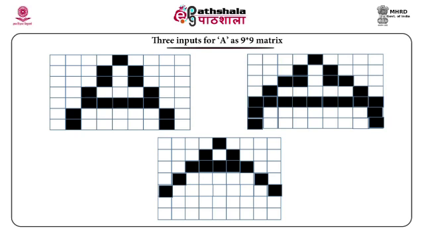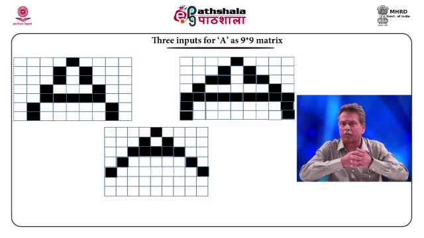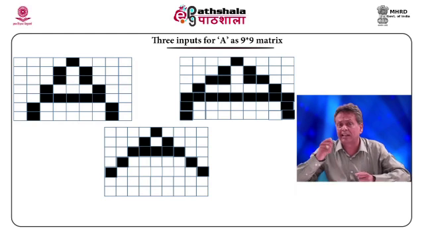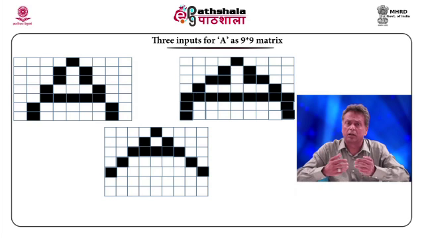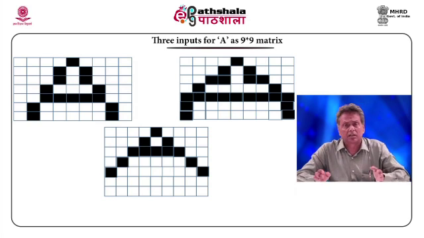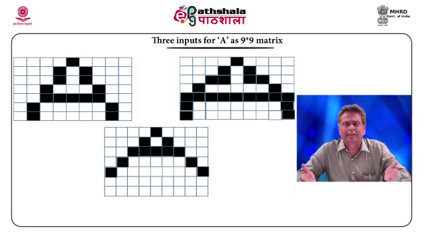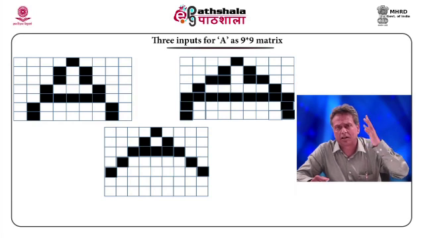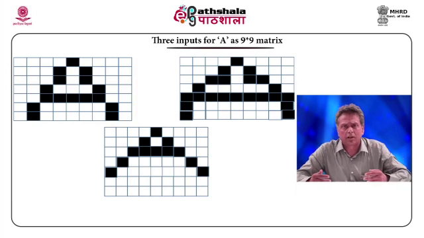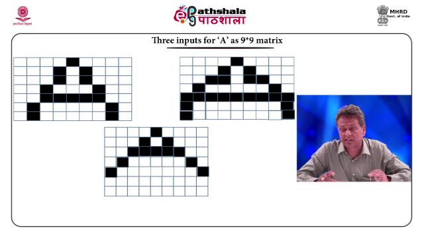This could have been a 500 by 500 or 5000 by 5000 pixel image where there is a signature. The discussion becomes a little more complex, but the process is the same. In this case we have only 81 inputs, since 9 into 9 is 81; in that case it is 500 into 500 inputs, and so on. So the network becomes pretty big and complex, but the process is the same.